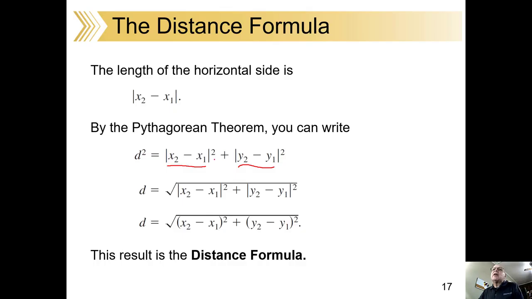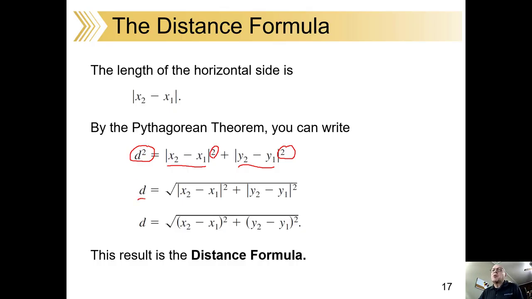We square each one of those. Square this, and we end up with the square of what we need. Well, we don't want the square, we want the real distance. So, take the square root of both sides, that way we get just d, not d squared.